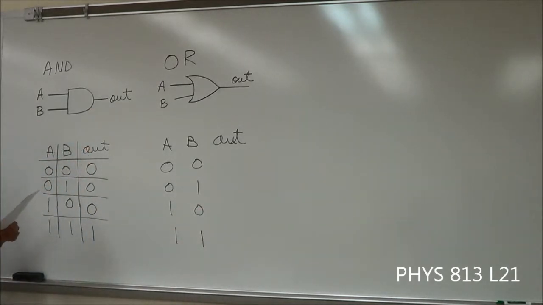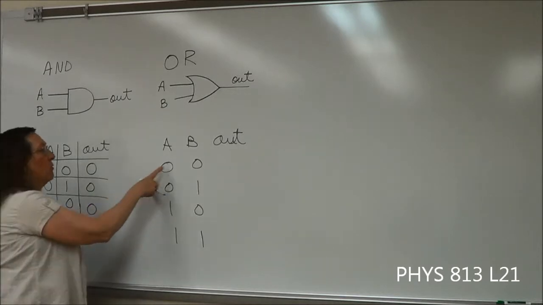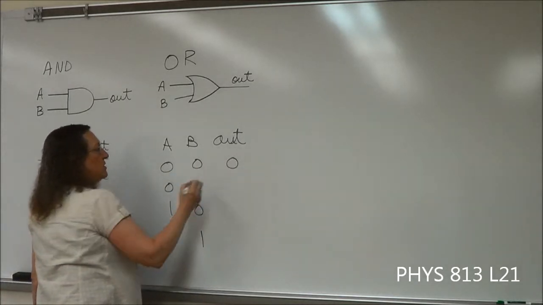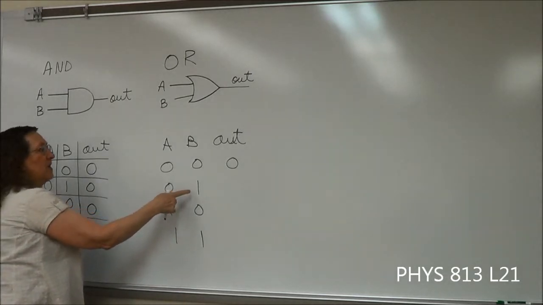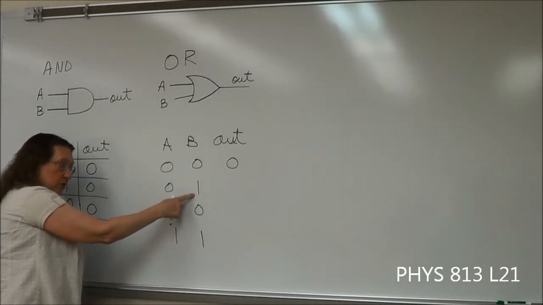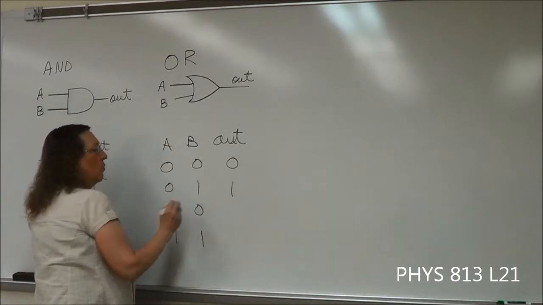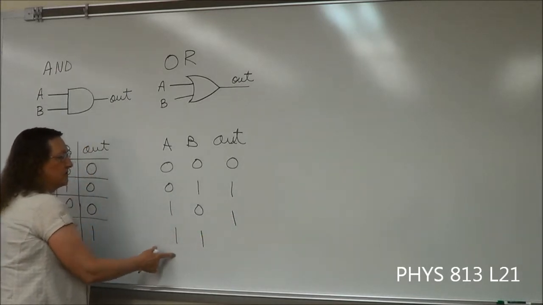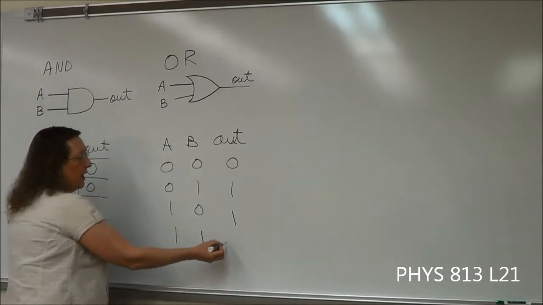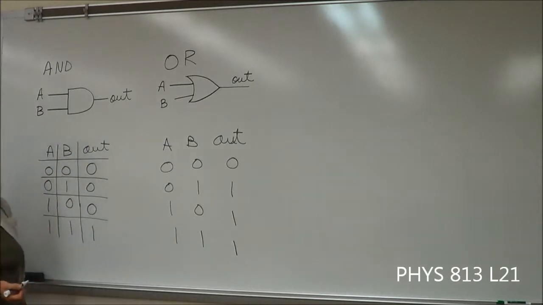So the rule is that if either A or B is 1, or if they're both 1, then you have a 1. Well, we've got 0 and 0, so that will still be 0. If you have 0 with a 1, if either one of these is a 1, which it is, then our output is a 1. And this is the same thing here. Now both of these happen to be 1, and that's still okay. So we end up with a 1 there.